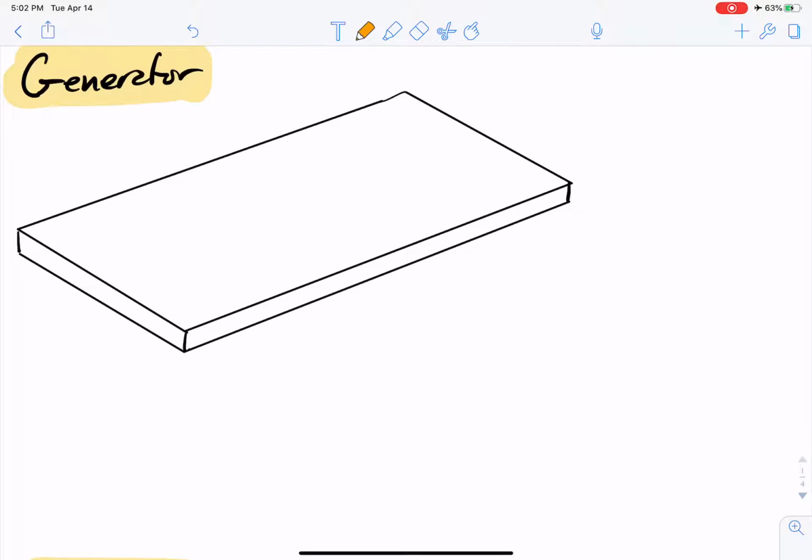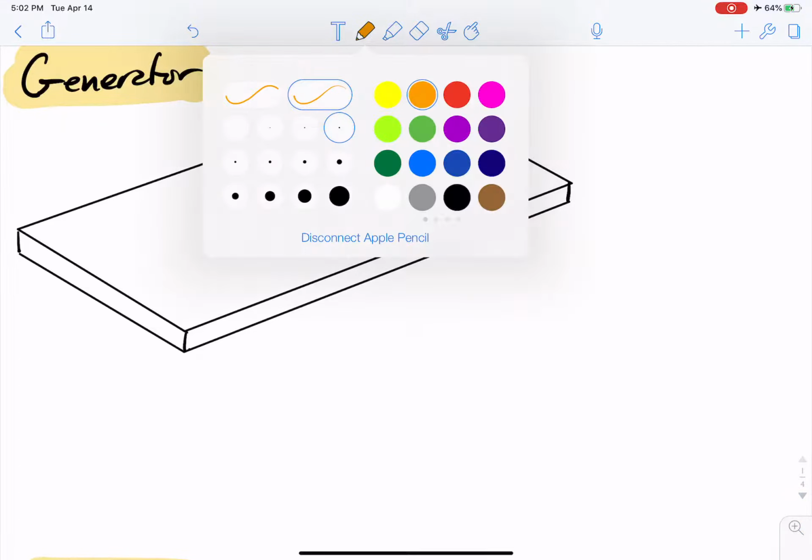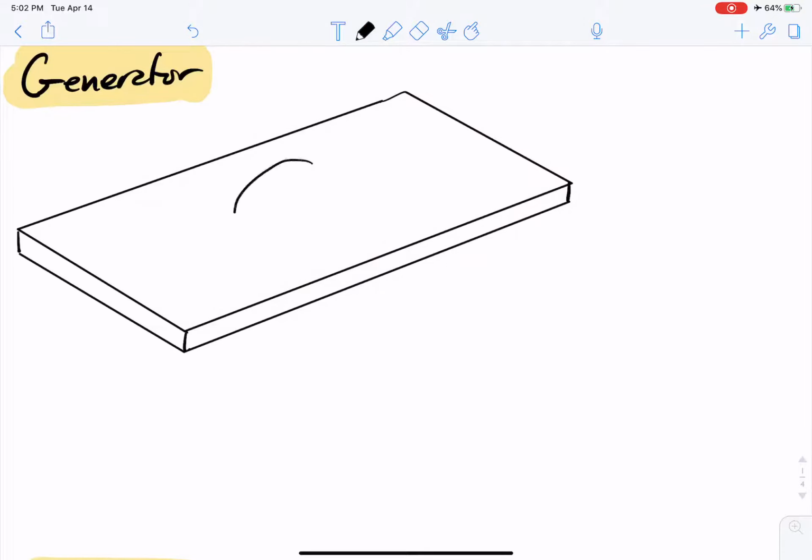Here we will look at another application of Faraday's law. So we start with a table here. You could imagine cutting a hole in the table. So we just make a hole in there.